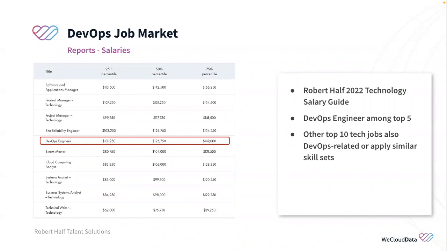In the reports, it also has numbers showing that DevOps engineer, in terms of the title that people typically want to have, and in terms of job expectations and things like that, is also part of the top 10 in general for tech and IT.